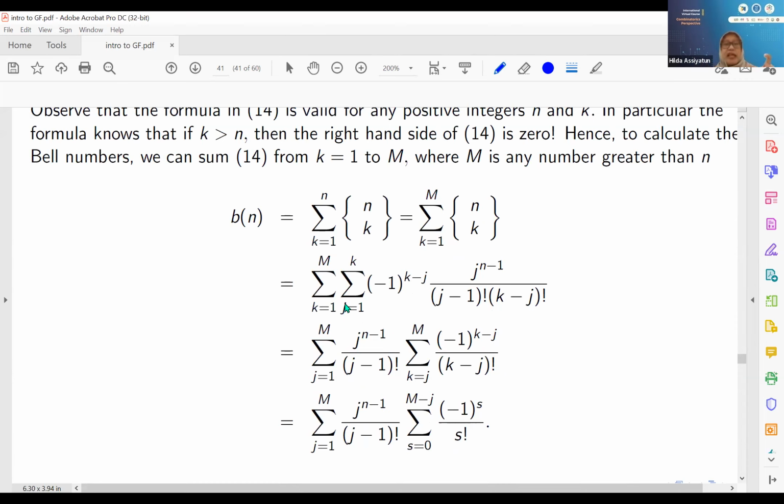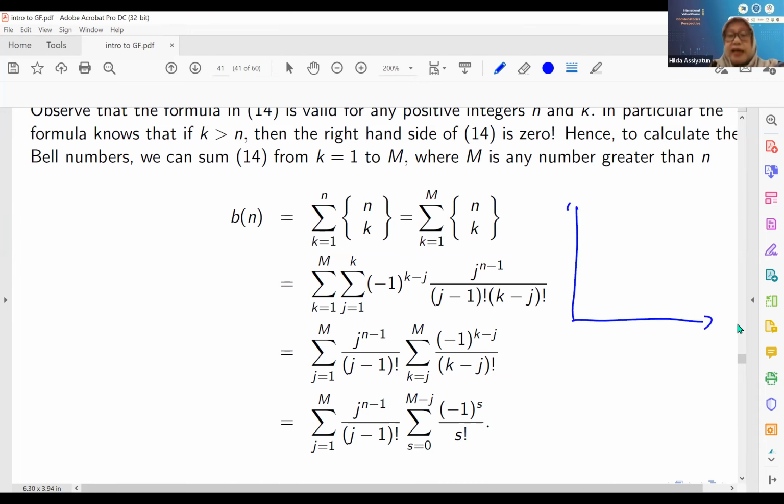If you are worried about this, don't be, because this is actually quite easy. You can see it by drawing some diagram.